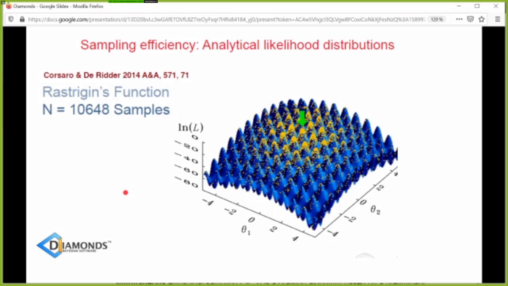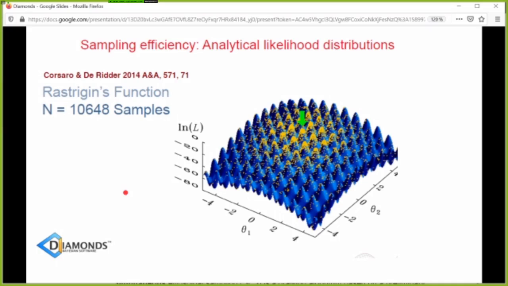So I have a question. Yeah, sure, go ahead, Elkin. I was wondering how DIAMONDS compares with other nested sampling algorithms like MultiNest or NestED. Is it faster, or in what sense? Do you know about this other one? Well, honestly, no, I don't know about the former ones like MultiNest.